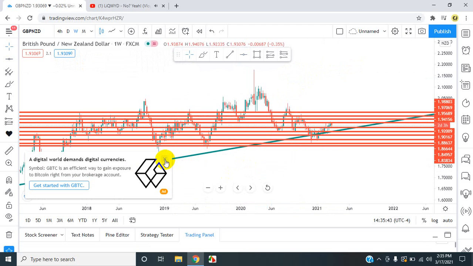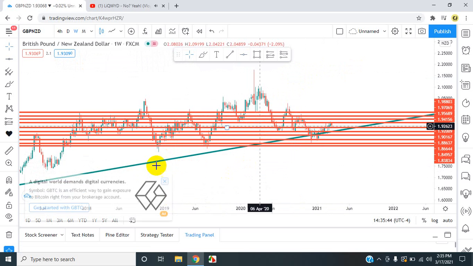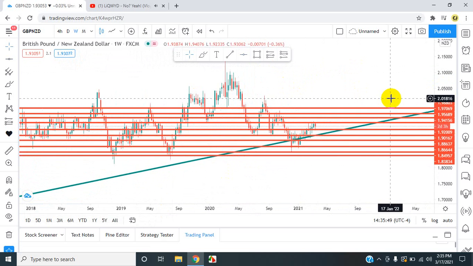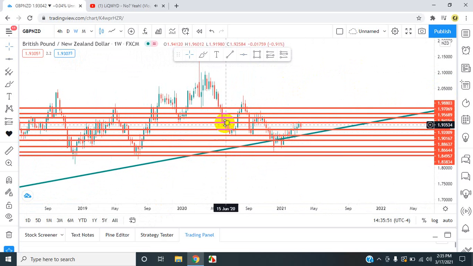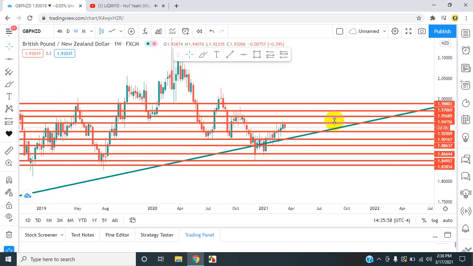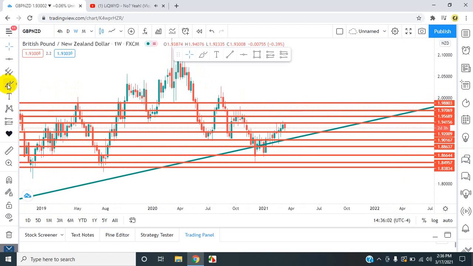What we're going to do next is look for patterns in the market, and let's see if we can identify what is going on here. What I see with what is going on in this time frame is this.